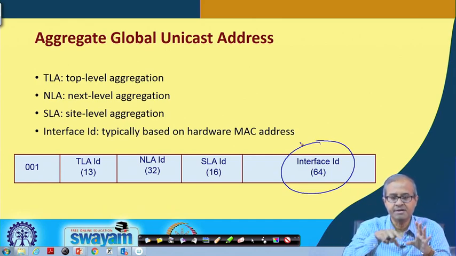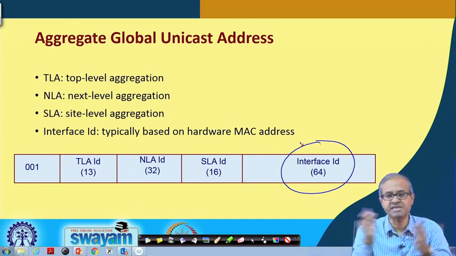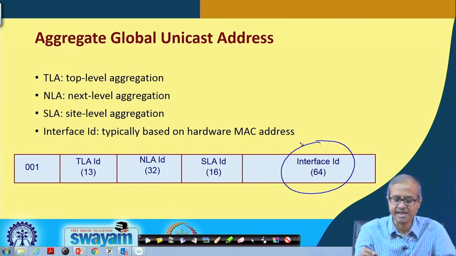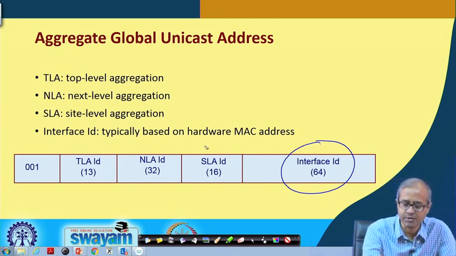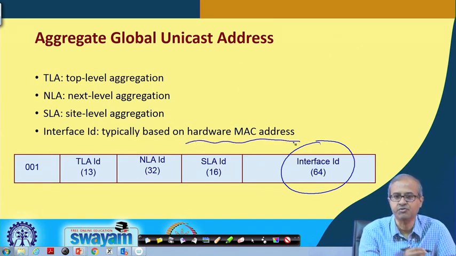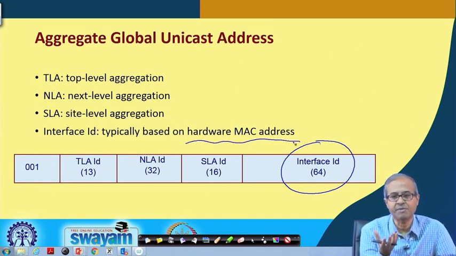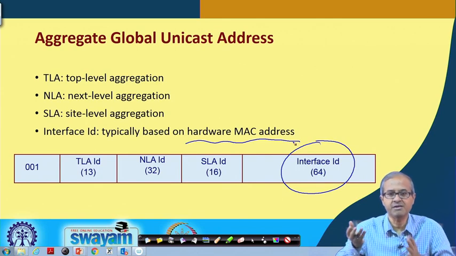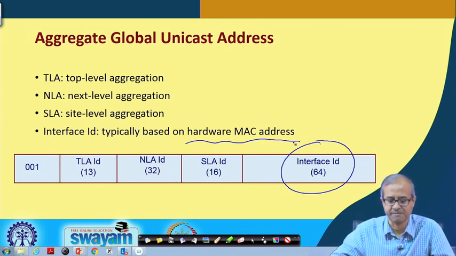It talks about some kind of unique addressing inside the network that you are addressing. This interface ID can also be based on the hardware MAC address if you want. Typically hardware MAC addresses are 48 bits in size and they are unique. You can use that same MAC address here, or the network administrator can assign sequential numbers 1, 2, 3, 4, 5 like in a normal IP version 4 address numbering.